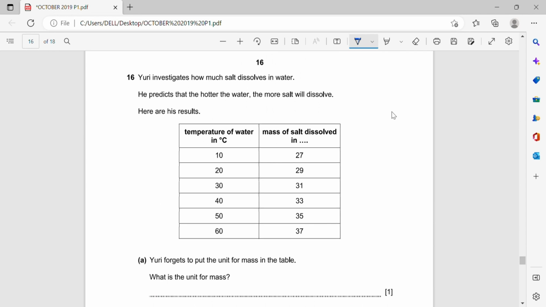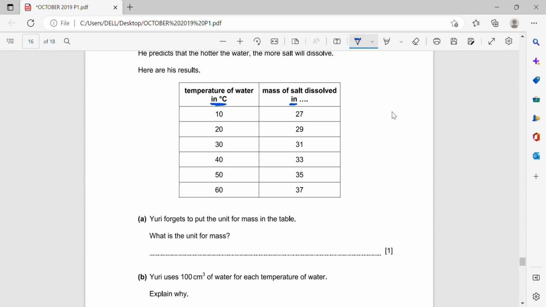Yuri investigates how much salt dissolves in water. He predicts that the hotter the water, the more salt will dissolve. Here are his results, and this is the last question in the exam. I have the temperature of water in degrees Celsius and the mass of salt dissolved.